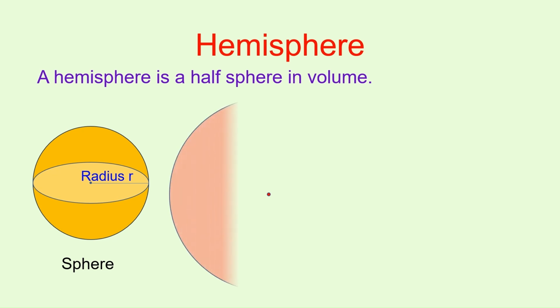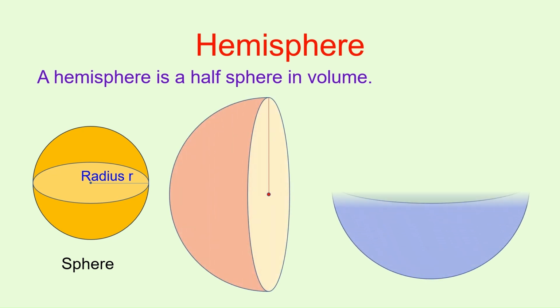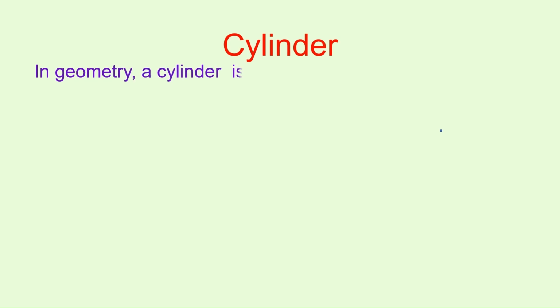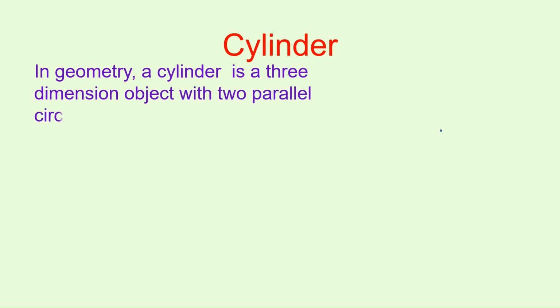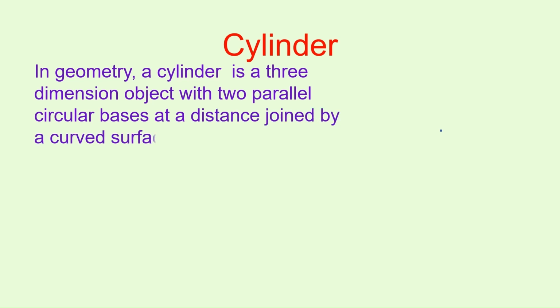The hemisphere. A hemisphere is half of the sphere in volume. The cylinder. In geometry, a cylinder is a three-dimension object with two parallel circular bases at a distance, joined by a curved surface.